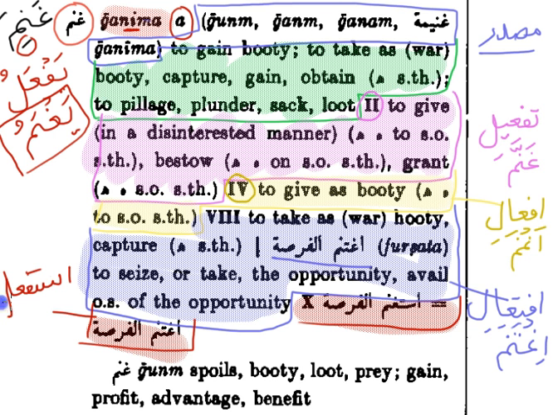Istif'al, which means istaghnama. Istaghnama yastaghnimu means to seize the opportunity. So it hasn't translated to English. It says ightanama al-fursah, which means that it has the same meaning as this word here, to seize or to take the opportunity. So that's basically how this paragraph works.